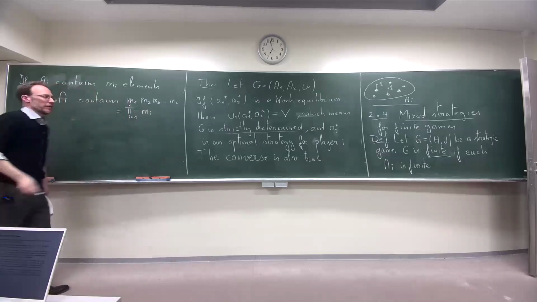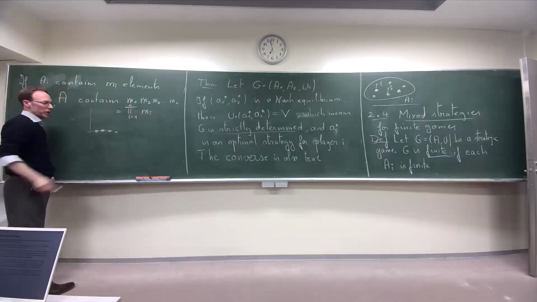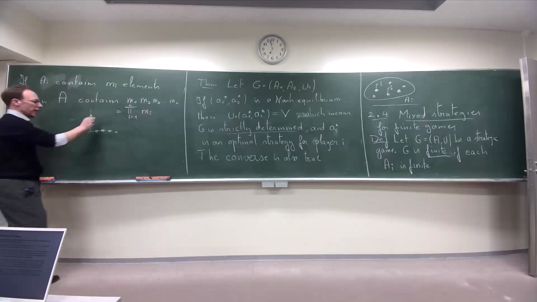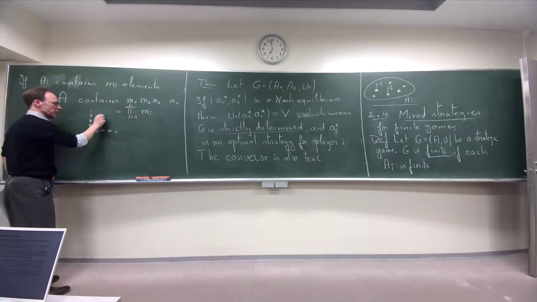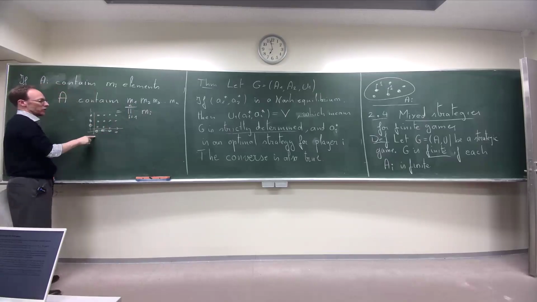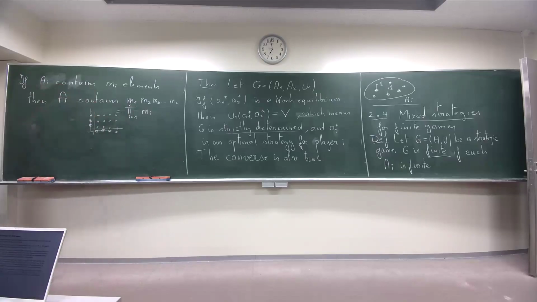Think about it in 2 dimensions. You remember the product means you have 4 options for one player. Let's say you have 3 options for the second player, and then you have to take all these points. If one player has 4, the other has 3, then altogether you have 12.